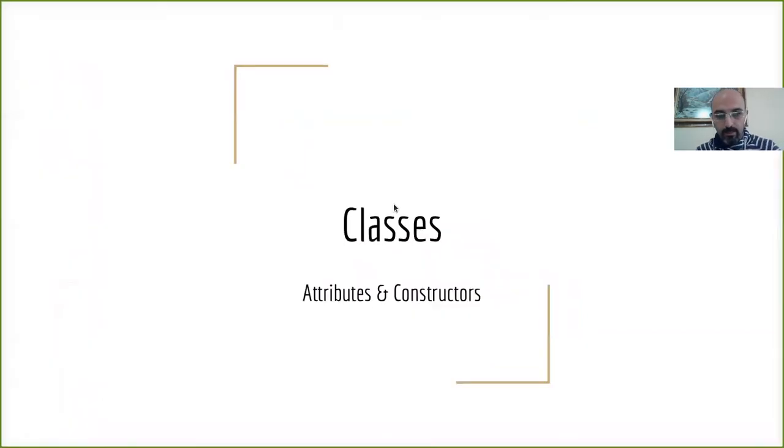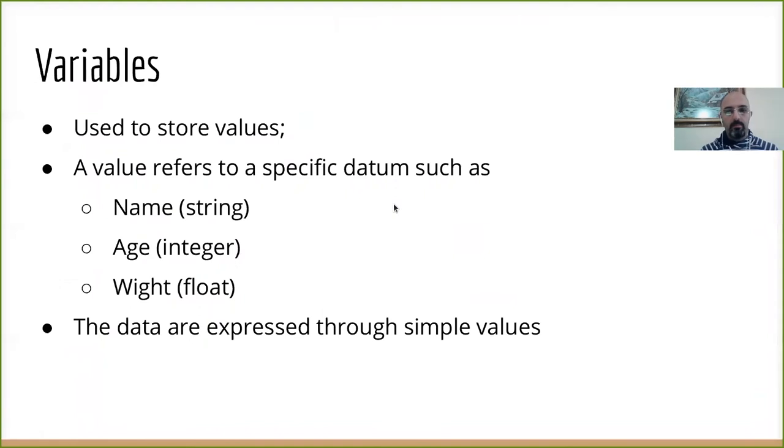So let's go over what we use to store the data. Let's get back to the concept of the variable. We have used variables in our previous lessons to store specific data that we might need for a program.